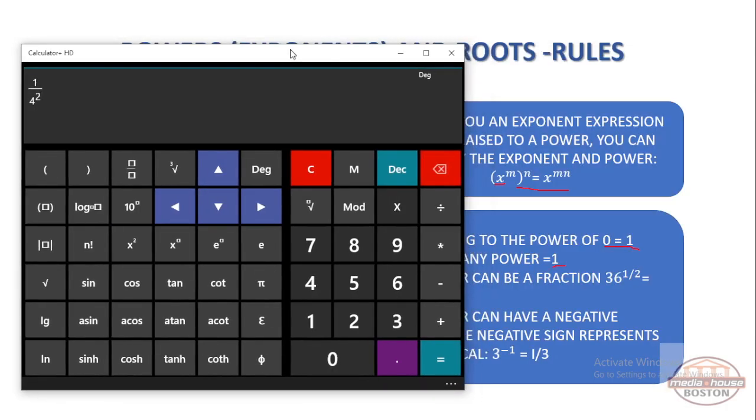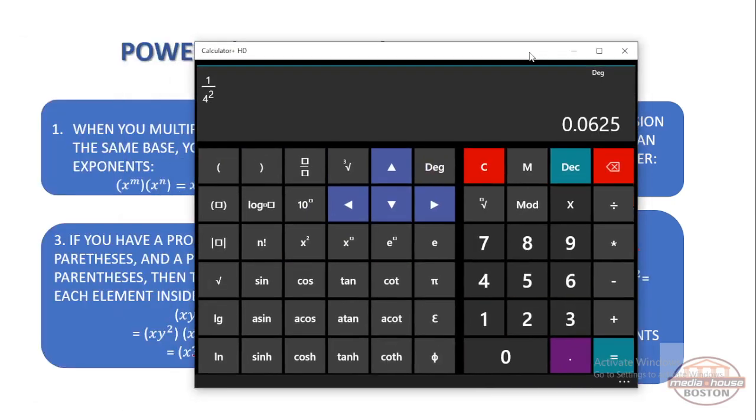So you can simplify that equation like this. Same applies to this. So if I say equals, I'll get the answer as 0.0625, which is the same as expressing 4 to the power of negative 2, which equals 0.0625, which is the same method.